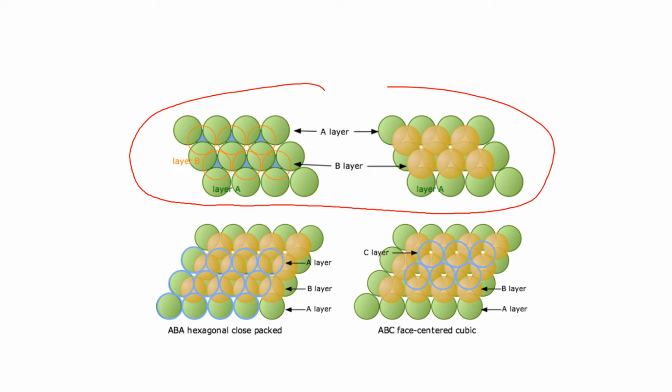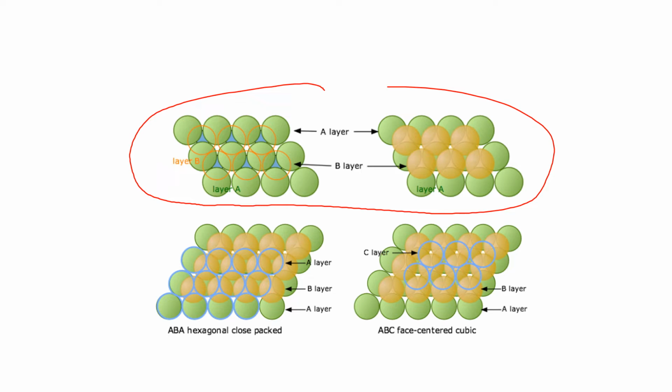Now the selection of the third layer actually determines whether the close packing belongs to the hexagonal close packed HCP or the face-centered cubic close packing structure.